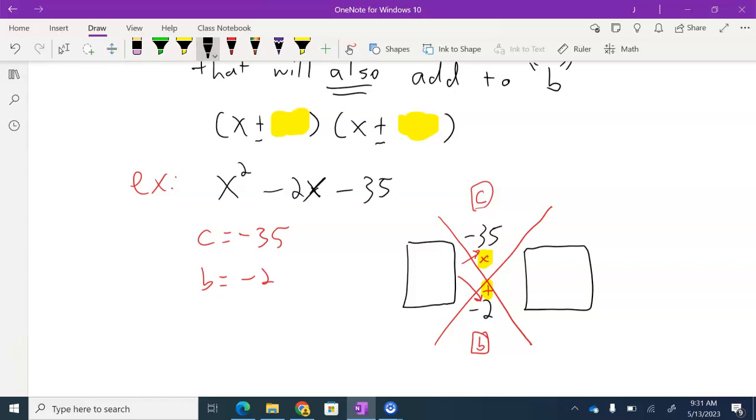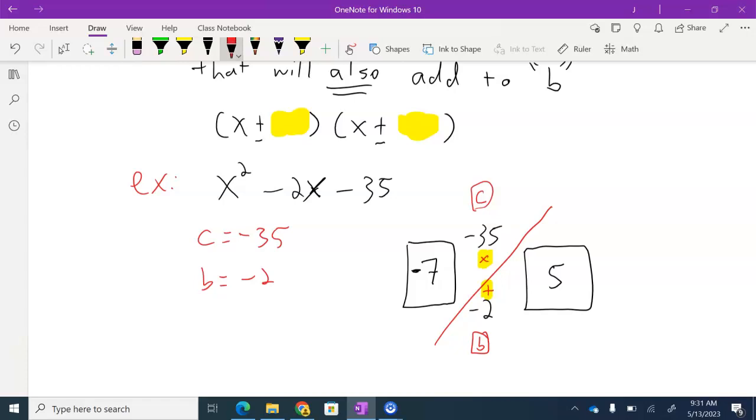Basically, 7 times 5 is 35. And so we write 7 times 5 in here, and you can tell that it has to add to negative 2. So you have to get your calculator and start playing around and see that if you make the 7 negative, negative 7 plus 5 will give you a negative 2, and negative 7 times 5 gives you negative 35.